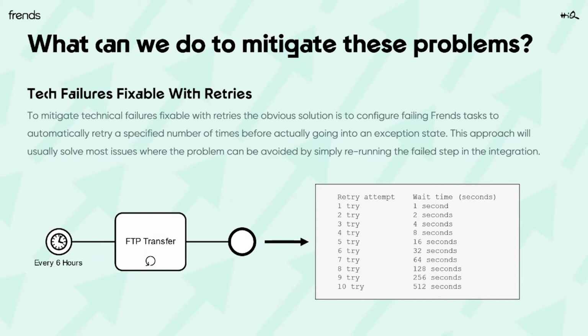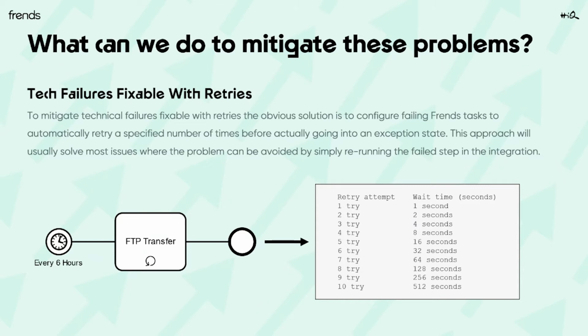And of course, the point that we're trying to make here is that sometimes the target system might have a short downtime period, or there might be some sort of weird network rerouting going on. And typically, if we just give the integration a few seconds before retrying, it's much more likely to fix that issue.